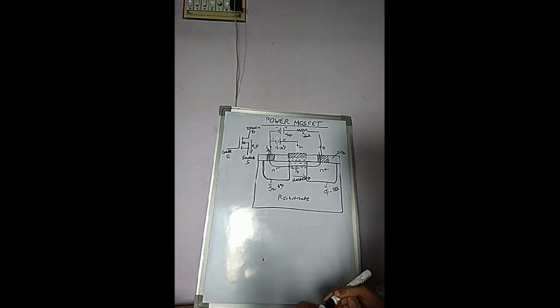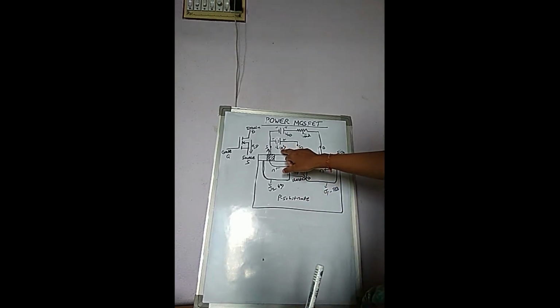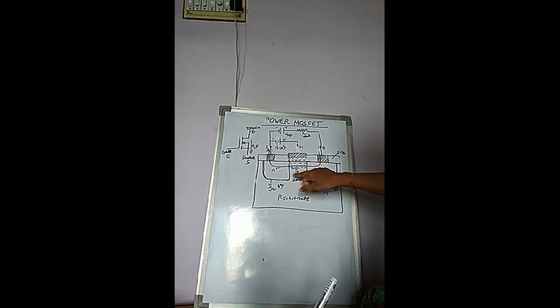So if VGS is made more positive, the N channel becomes deeper and more current flows from drain to source. If I increase this VGS value, then the depth of this N channel becomes more, and once the channel depth becomes more, more current flows from drain to source.